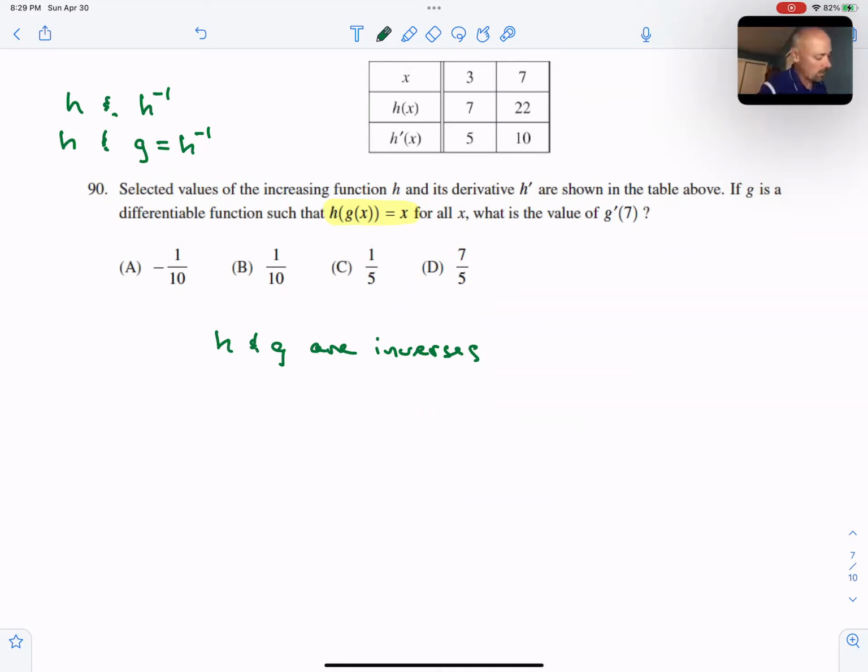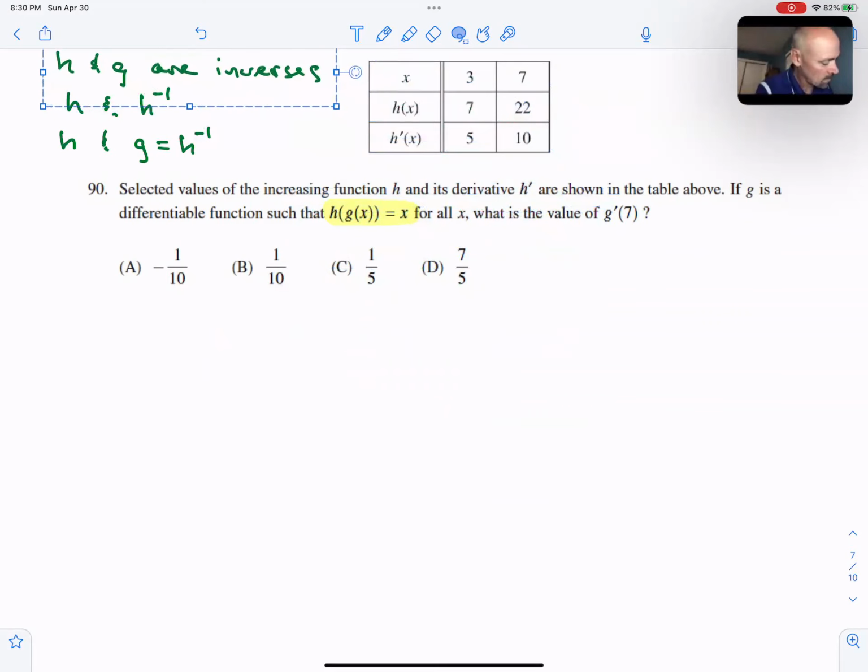But once we know that, what I would do is go back to my sentence there that derivatives of inverse functions at corresponding points are reciprocals of each other.